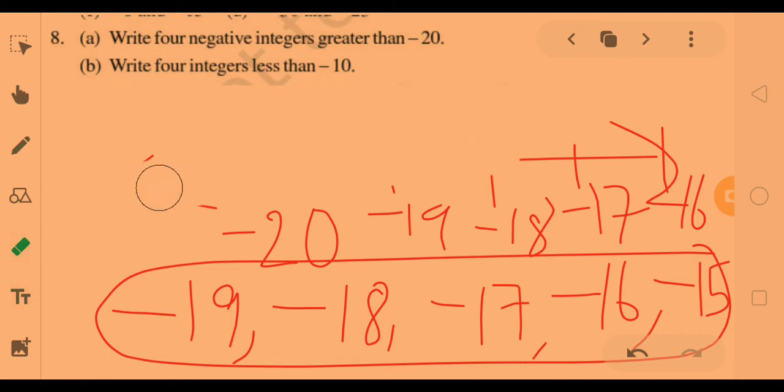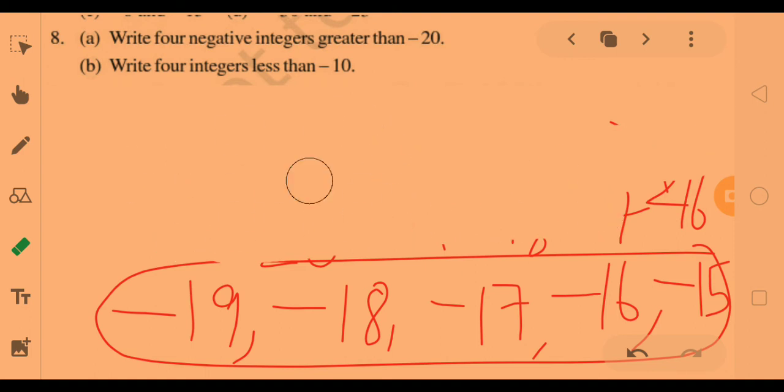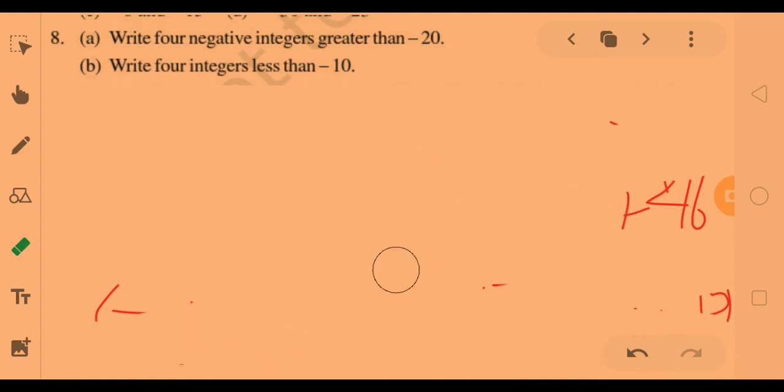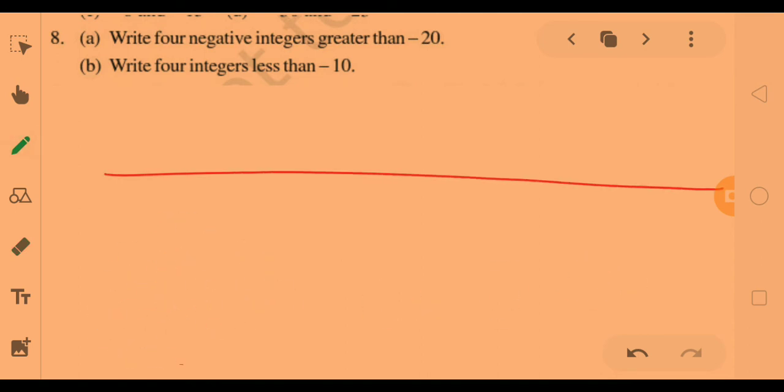Now next one, write 4 integers less than -10. So we have to write 4 integers less than -10. See, -10 is occurring somewhere here. In order to write integers less than -10, how do we find that?